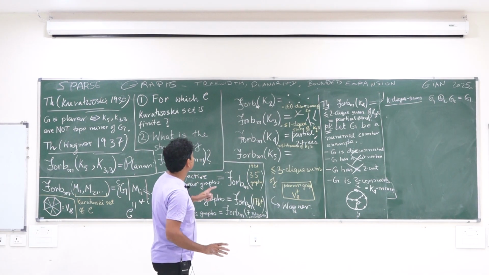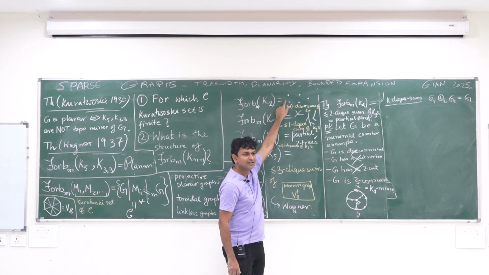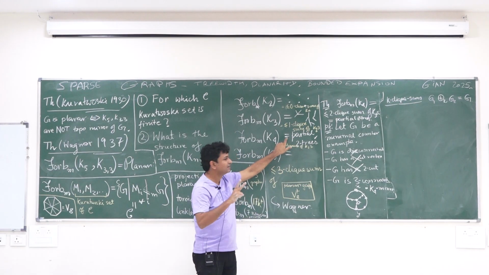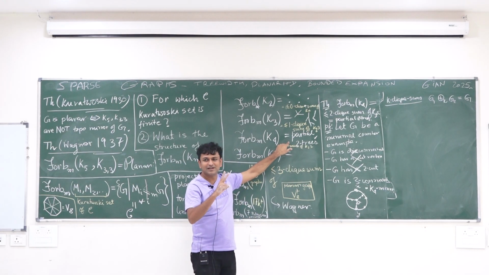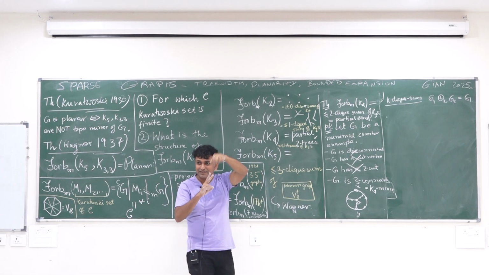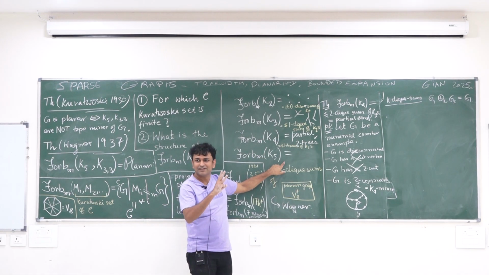Okay. Now, how many colors do you need here? 1, 2. Partial K-trees. It's 2-degenerate because there is a degree 2 vertex always. 3. 4.